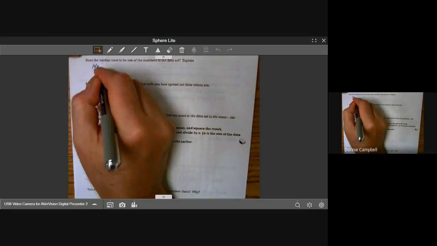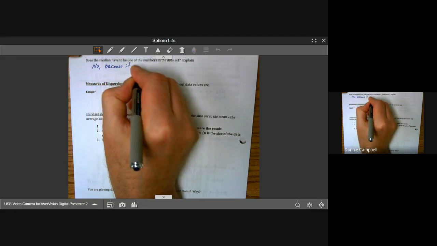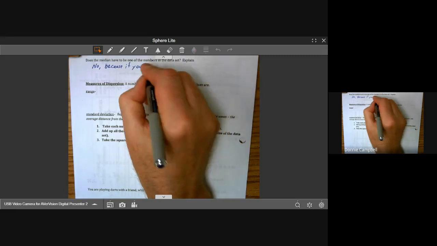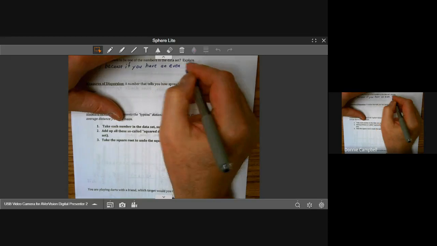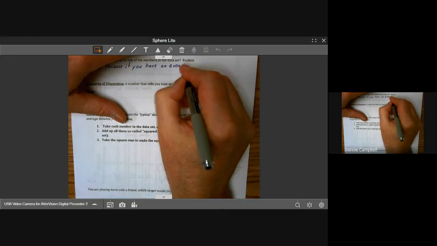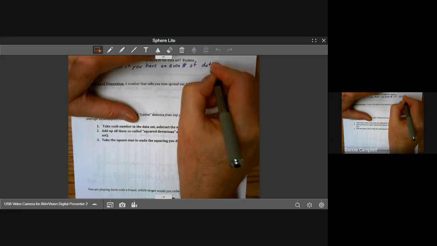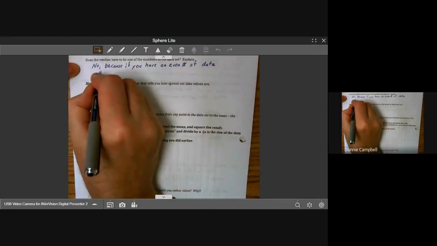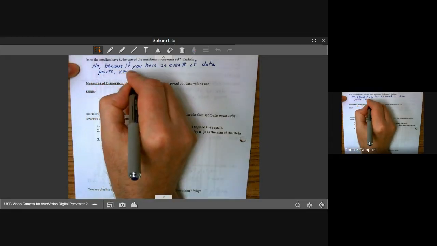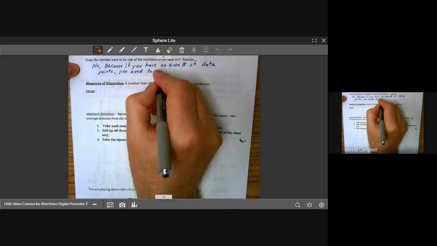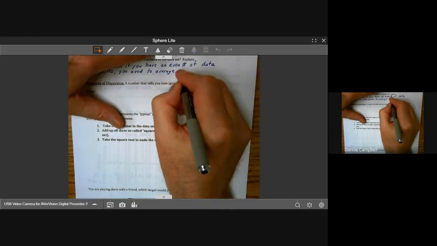No, because if you have an even number of data points, you need to average the two in the middle to get the median.